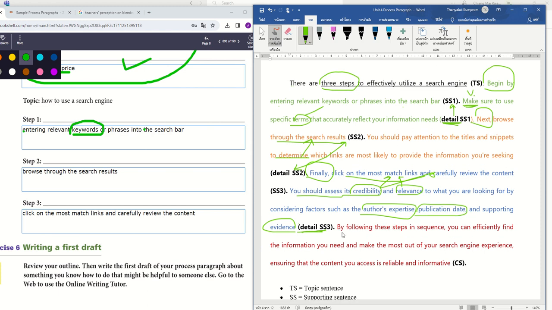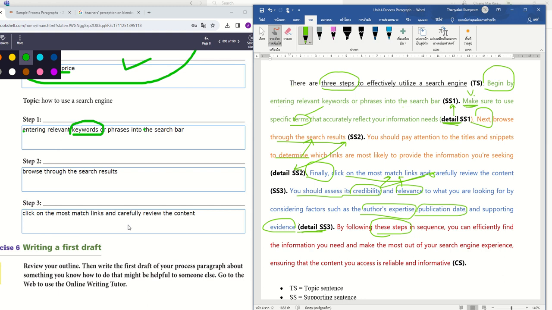And for the concluding sentence, by following these steps, meaning 1, 2, and 3, you can efficiently find the information you need and make the most out of your research, and make the most out of your search engine experience, ensuring that the content you access is reliable and informative.